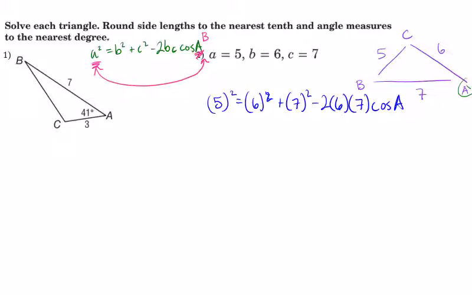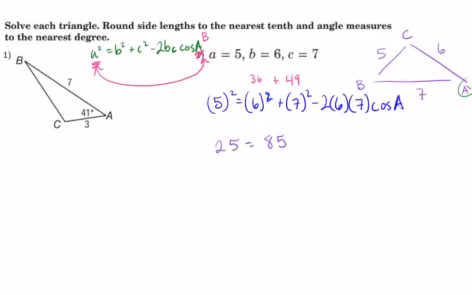So once again, I'll do a little PEMDAS. I'm going to square all these, and I'll just square these and add them right in the same step. So 6 squared is 36. 7 squared is 49. 36 plus 49 is 85. Okay. And then on this side, 5 squared is 25.